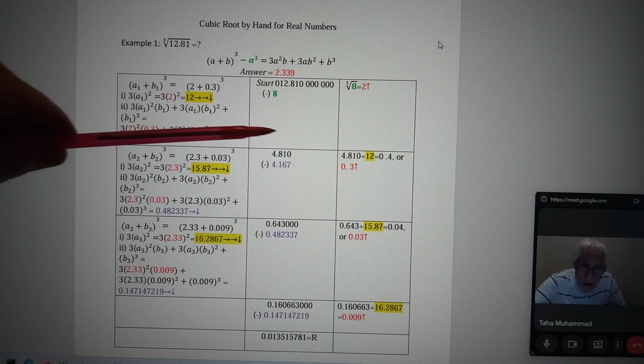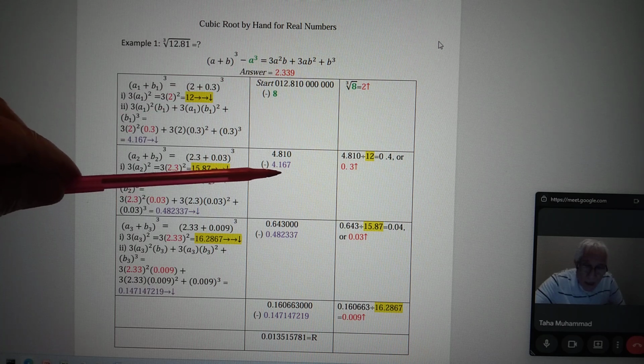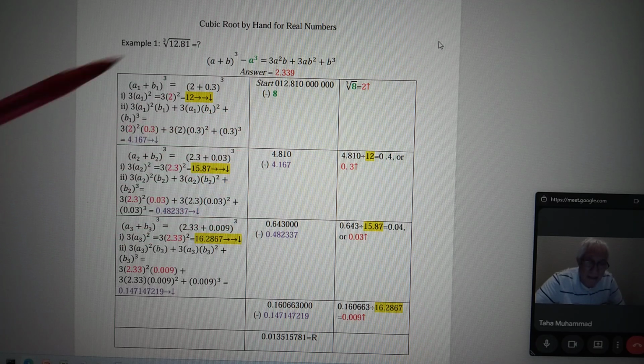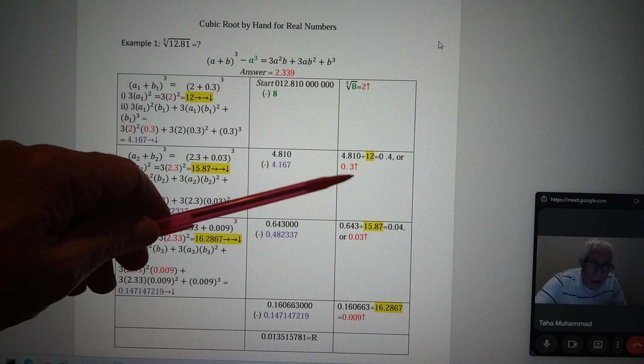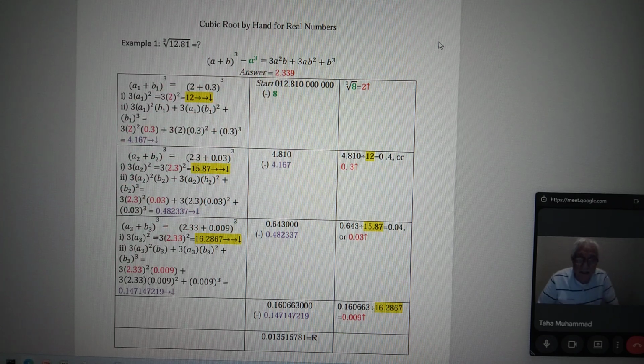Go arrow right and arrow down. You are ready to subtract now. Subtract and what remains is 0.6. That means it is less than this. That 3 will be correct and goes there after the decimal point.